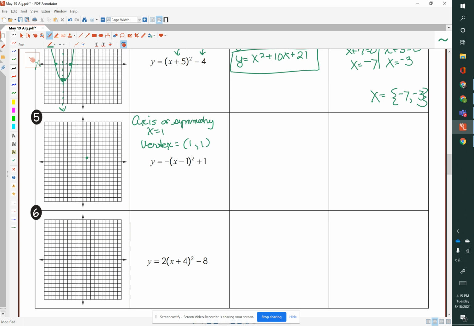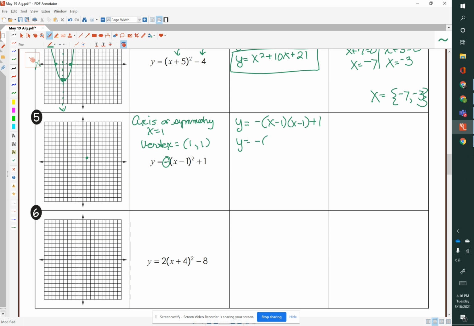So let's find this in standard form. We also know it's going to face downward because of the negative sign in front of the x squared value. So in standard form, it's going to be y equals the negative of (x minus 1)(x minus 1) plus 1.